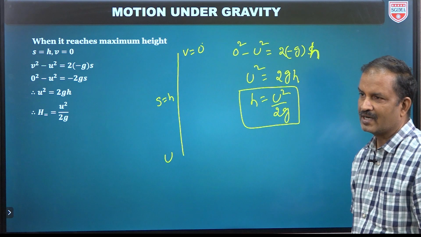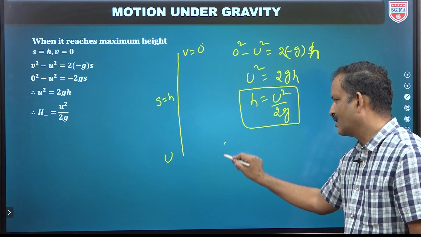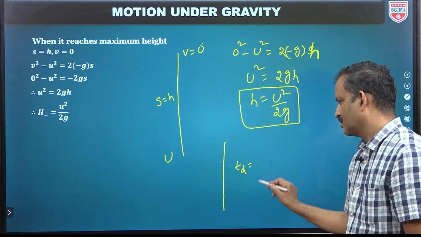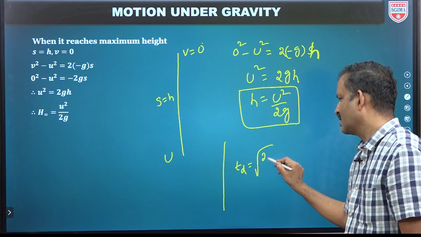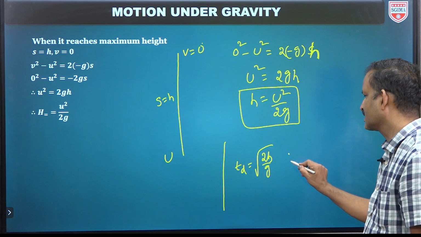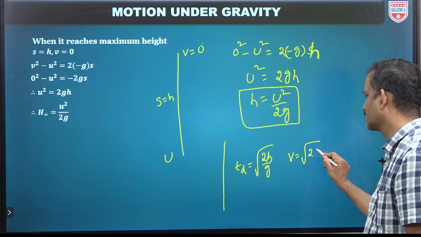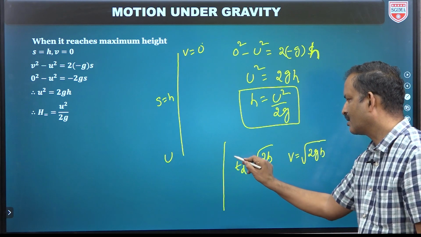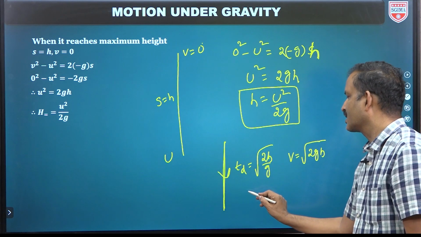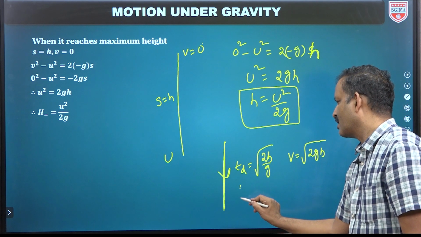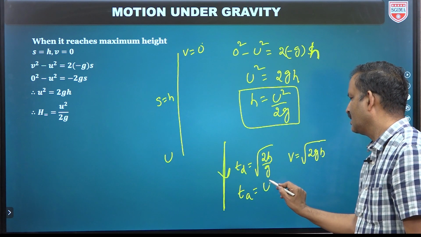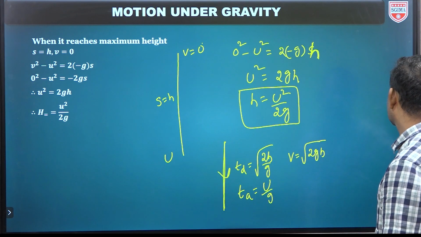So, main important formula, in case of freely falling body, time of descent is root of 2h by g, and velocity when it reaches the ground is root of 2gh. These are the important formulae in case of freely falling body. In vertically projected body, time of ascent is equal to u by g, already derived in the previous.